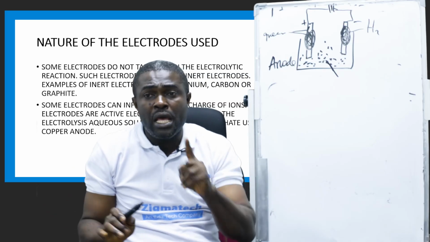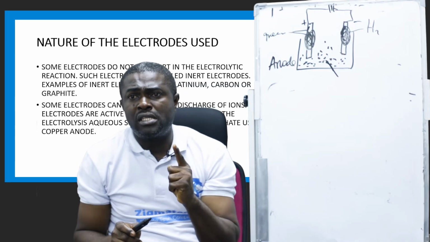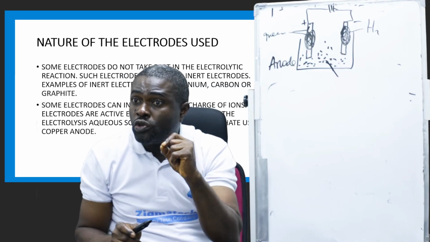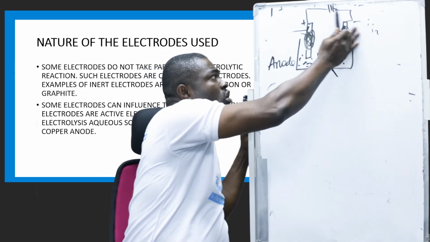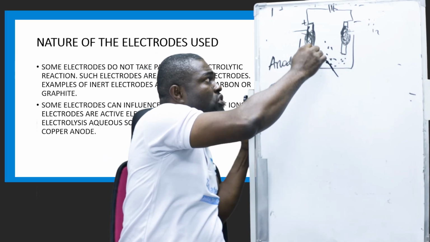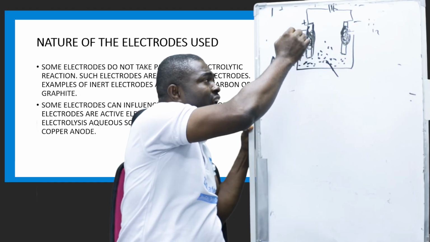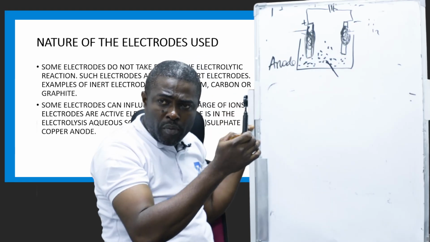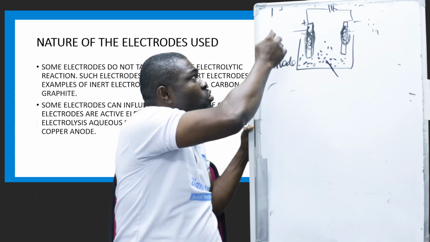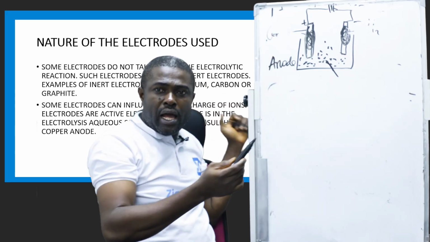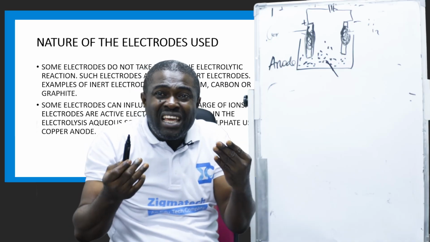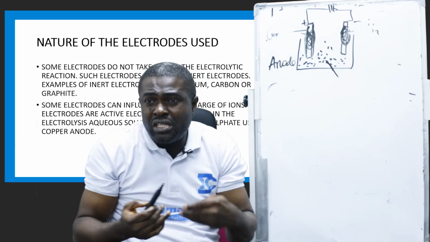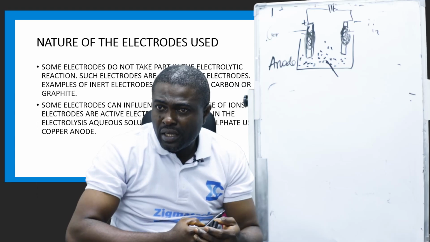But the moment an active electrode is used, one not constructed using graphite, platinum or carbon, but using copper, then something has to be done. They will be involved in the electrolytic process.